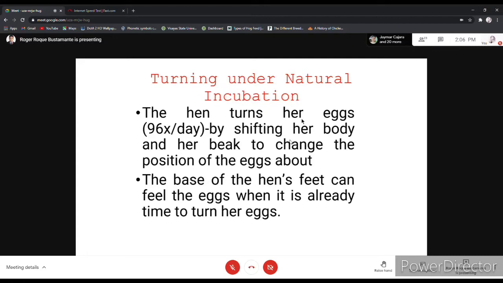You have to remember that a hen can turn the eggs 96 times a day. The base of the hen's feet can feel the eggs when it is time to turn them. So that's it, basic information.